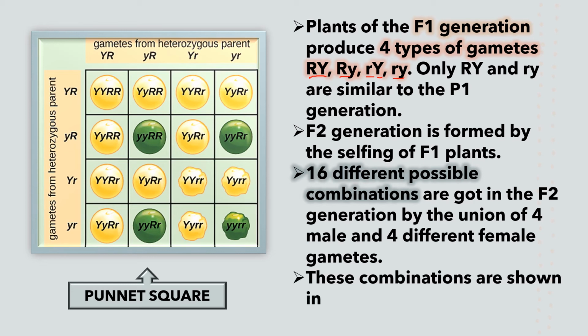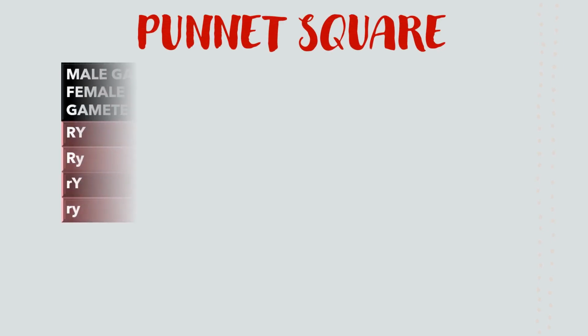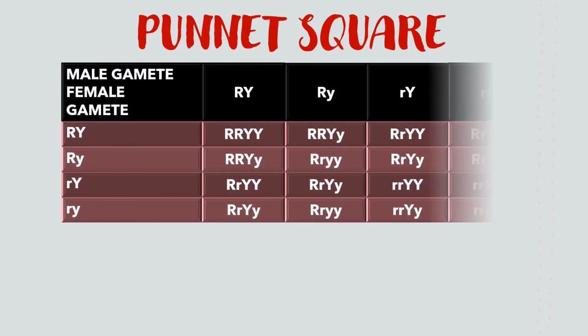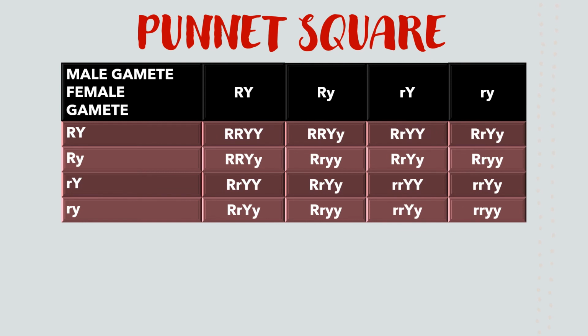These combinations are shown in the Punnett Square. On the top we have the separated male gametes during gametogenesis, and we have on the left side the female gametes.